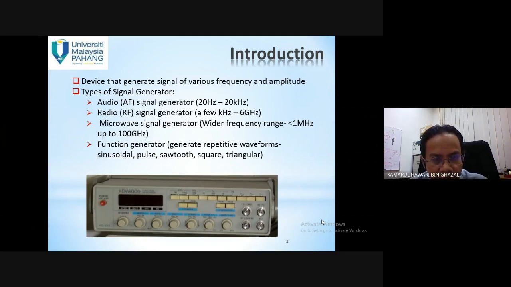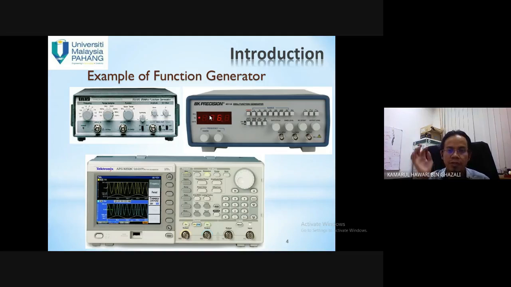Types of signal generator: audio, radio, microwave, function generator. Microwave is very high frequency, 1 megahertz to 100 gigahertz. So this is an example of a function generator, from brands such as Tektronix and BK Precision.